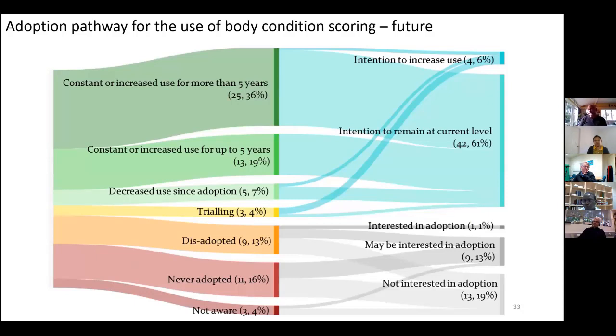So for this particular practice, it seems to be quite stable. They don't really seem to expect any major changes in the intensity of use from current users, and there doesn't seem to be much interest from those who are not using it in adopting it in the near future.